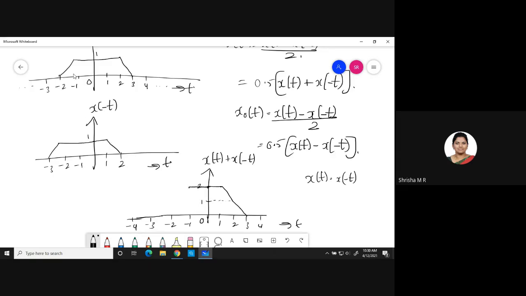Now go to x of t at minus 2. At minus 2 the signal is 0, and for x of minus t at minus 2 it is 1. So at minus 2 it will come back to 1. 0 plus 1 it is 1. Next, again at minus 3 the signal is 0 here and here also 0.